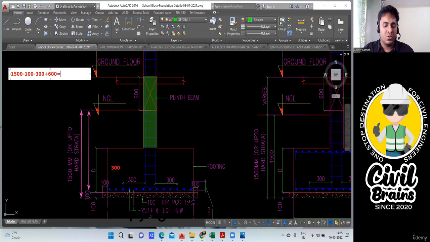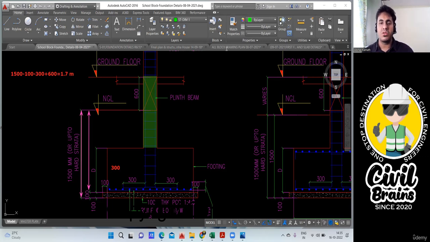So if you do this, 1500 minus 300 minus 100 plus 600, I'll get 1.7 meter or 1700 mm. So this is the height of your neck column. For one footing I have done it, you do it for all the others. Okay, so you'll get hands-on practice on this.